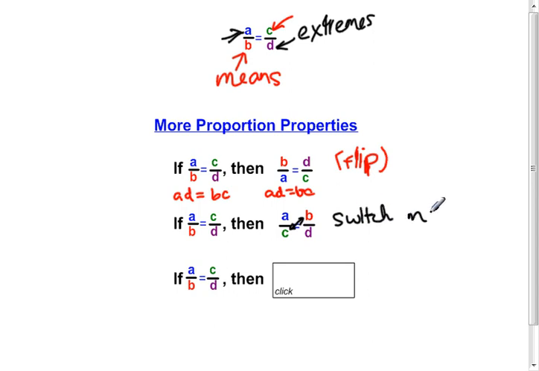So we can switch the means or extremes. If you cross multiply, you'll see that you end up with the same thing: A times D equals B times C.